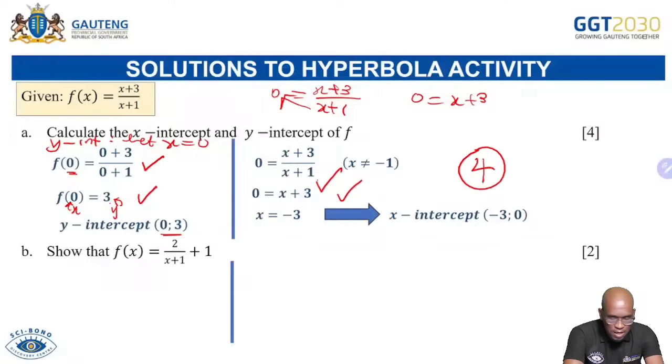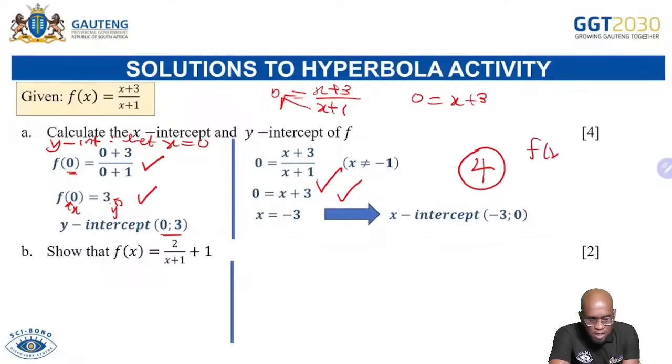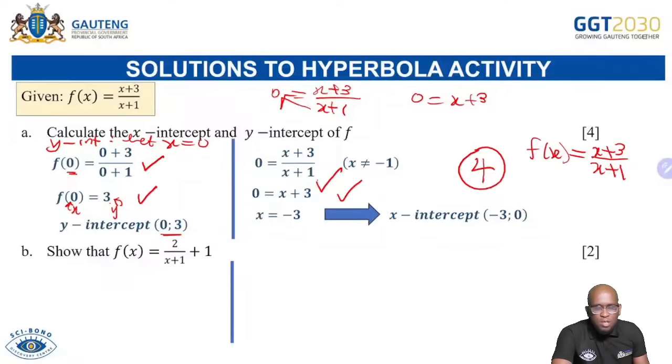Show that f of x is equals to 2 over x plus 1 plus 1. So now if you have f of x is equals to x plus 3 over x plus 1, the goal here, since you want to write this as a partial fractions, what you aim at doing is you should try to manipulate your numerator, all right, such that it looks the same as the denominator.